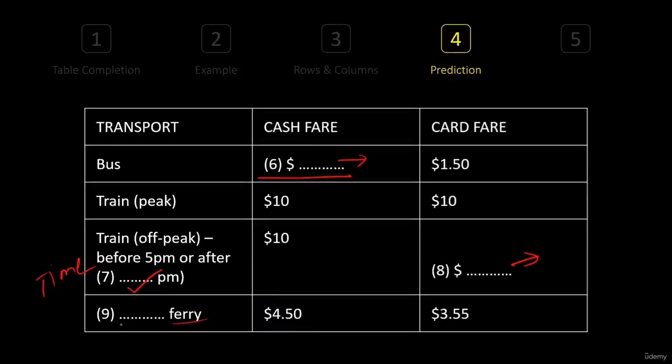So this must be a type of ferry. Hence you won't expect a number here. If you expect a number, it's incorrect. If you expect a time, it's incorrect. You have to expect a type of ferry. This expecting is called predicting. It helps you to listen to the audio and come up with your answer.